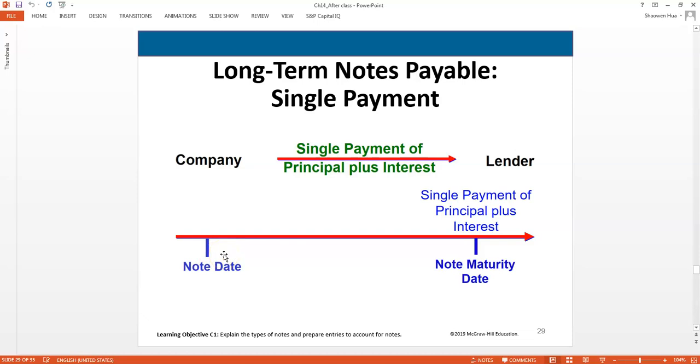The cost of money over time is called interest. So at the date of maturity of the note, we need to pay back the lender principal plus interest.